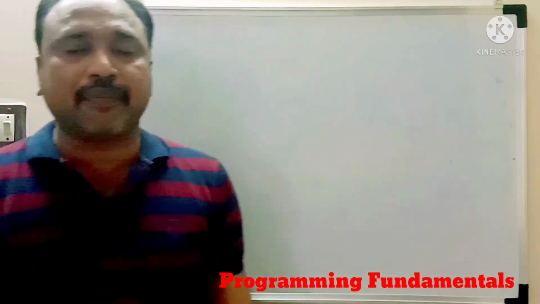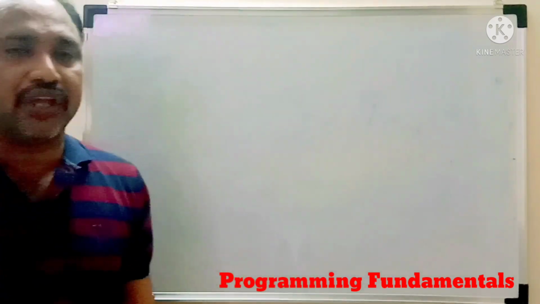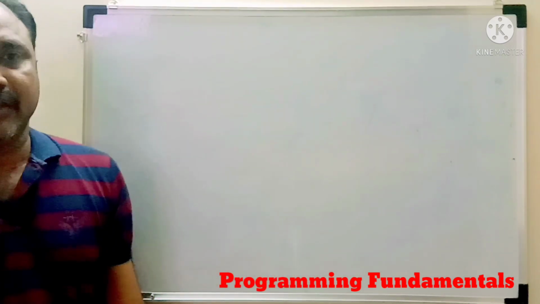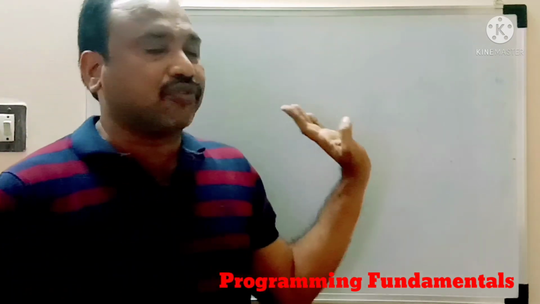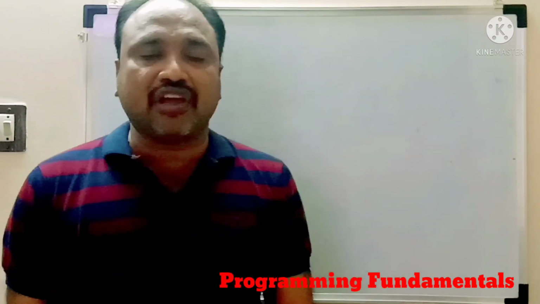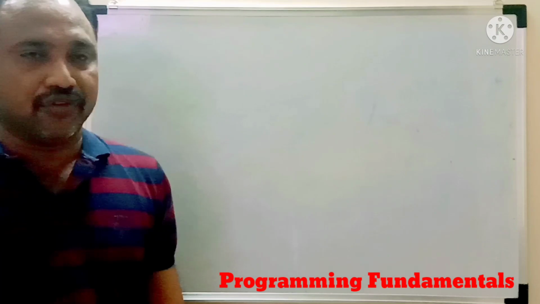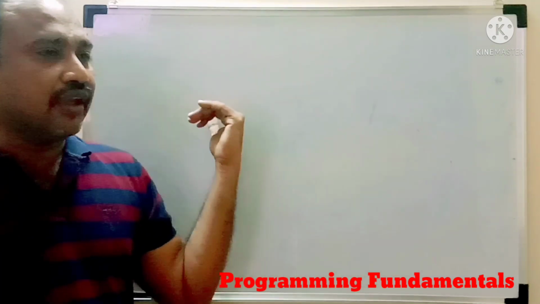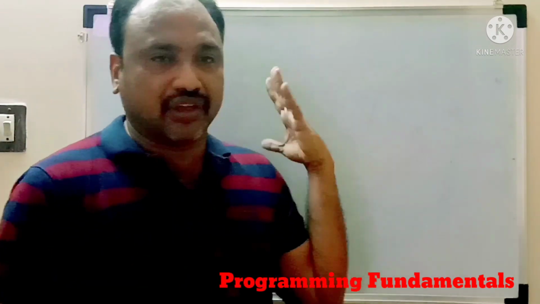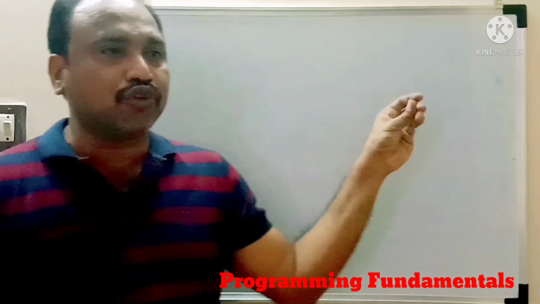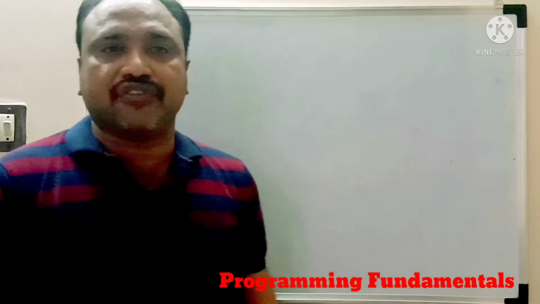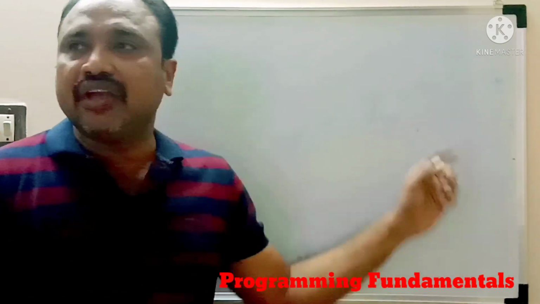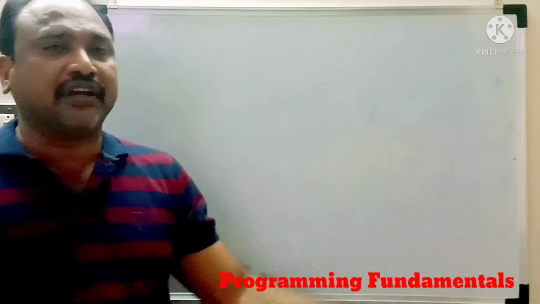The examples of unformatted IO are putchar, puts, getchar, gets. Printf can print any number of values and any type of values. Scanf can read any number of values and any type of values. They use conversion characters, that is format specifiers. Hence, they are referred to as formatted IO.